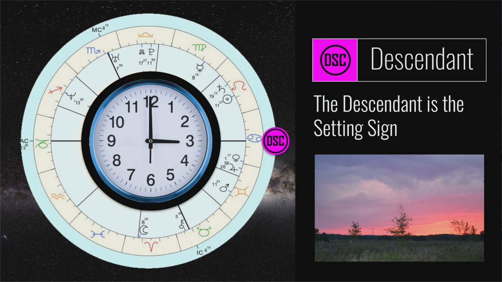Transits to the Descendant usually correspond to something with relationships, and that does seem to be fairly straightforward, at least in what I've seen. It could and probably will also correspond to some sort of a change for the individual involved that will change who they are, and through that process of change will also change the type of people they attract and seek in relationship.